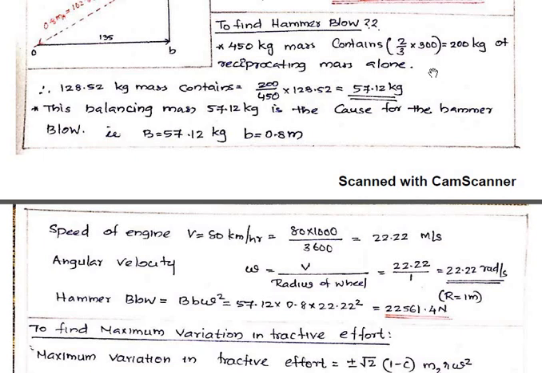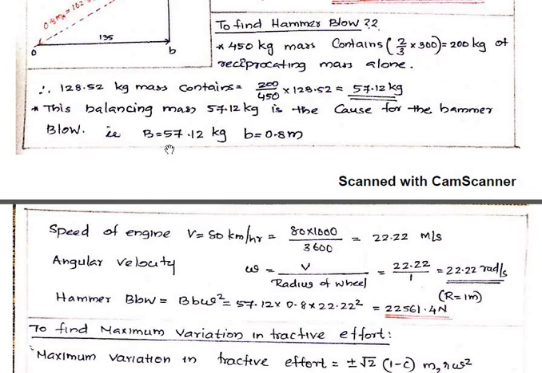Then we have 128.52 kilogram as the balancing mass, of which 200 divided by 450 into 128.52 is 57.12 kilogram, corresponding to the reciprocating balancing mass only. So this balancing mass of 57.12 is the cause of the hammer blow.